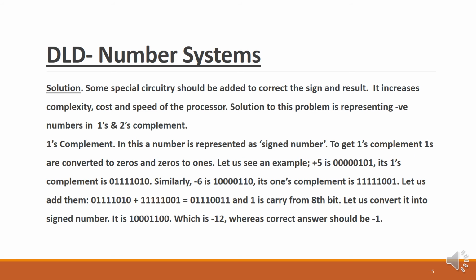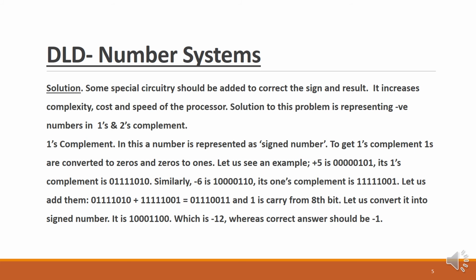Let us convert it into a signed number, and it is 1 0 0 0 0 0 0 0, and that is basically minus 12, whereas the correct answer should be minus 1.